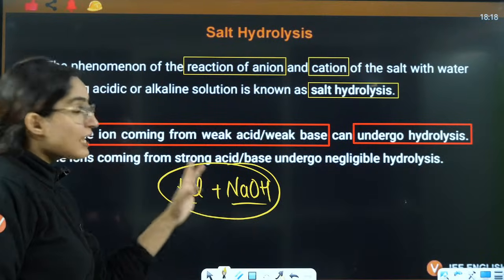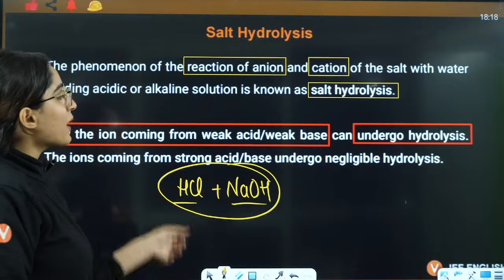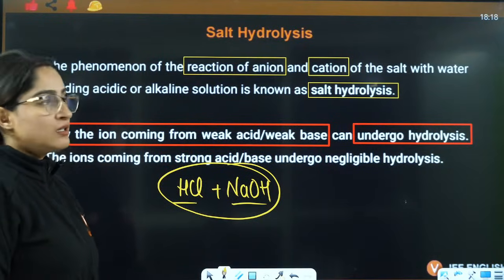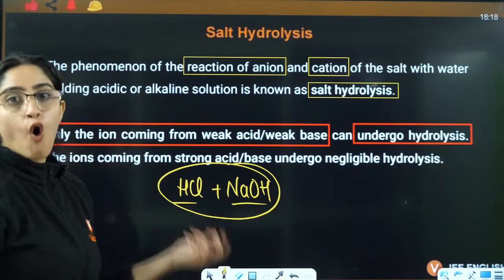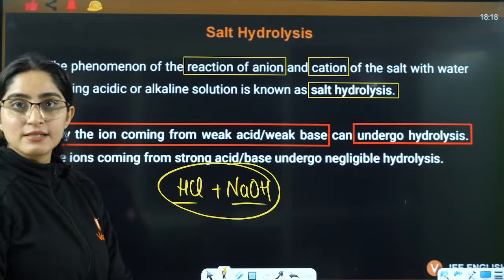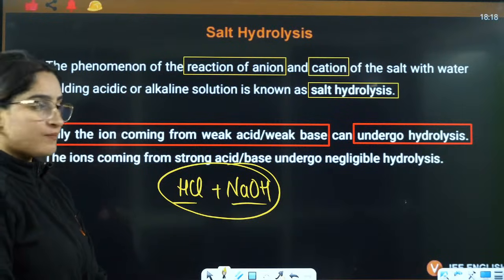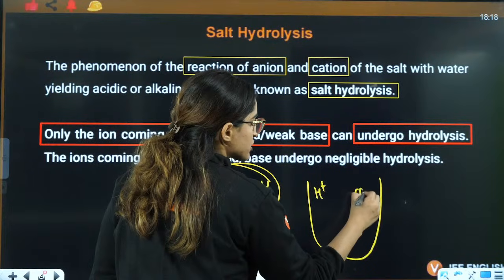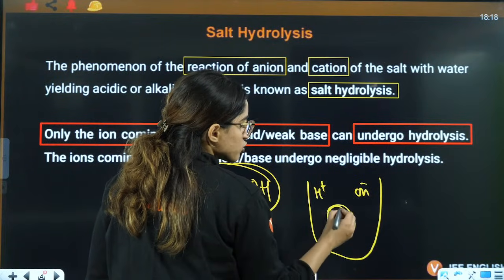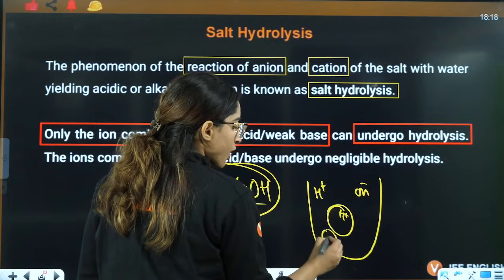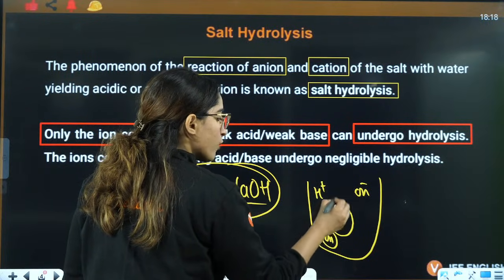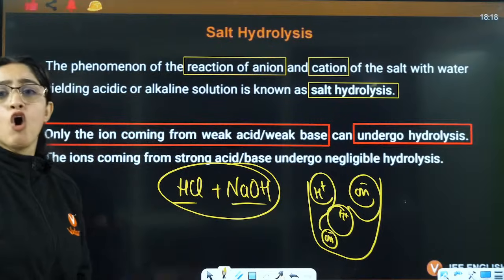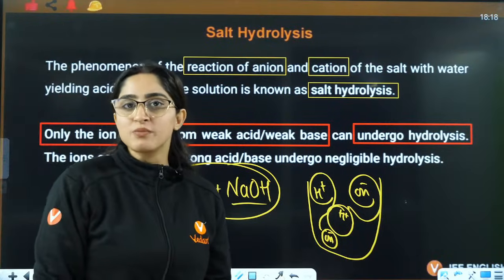Because they are ionized completely, you don't have any extra H positive or extra OH negative ions in the solution. Water has H positive and OH negative, so the salt should also supply either H positive or OH negative, so that OH negative combines with H positive and H positive combines with OH negative. Only then is hydrolysis possible.